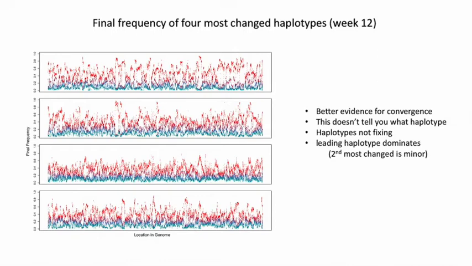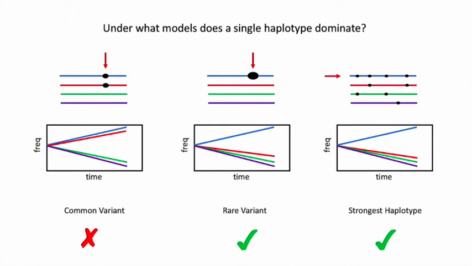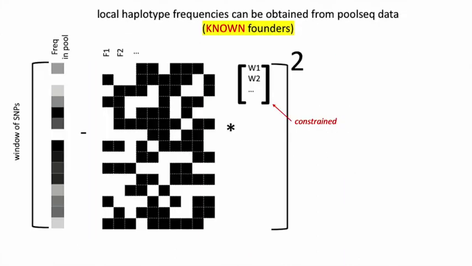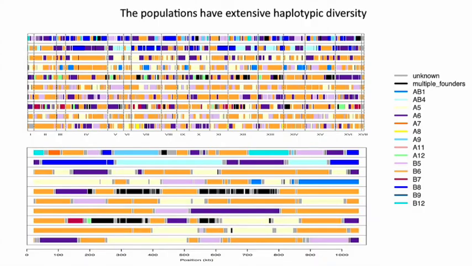If we go back, if I had happened to drive this entire haplotype to 1, although it's recombinant for this chromosome, then that would be a red line at 1, right?